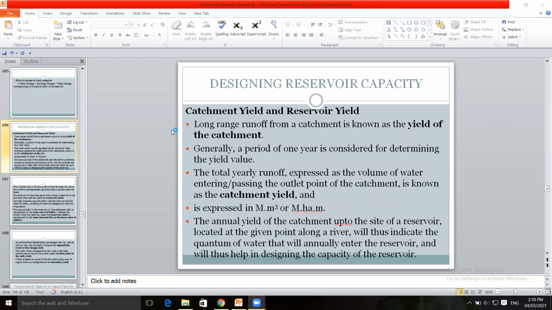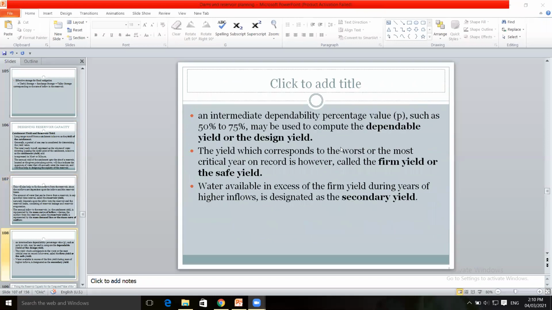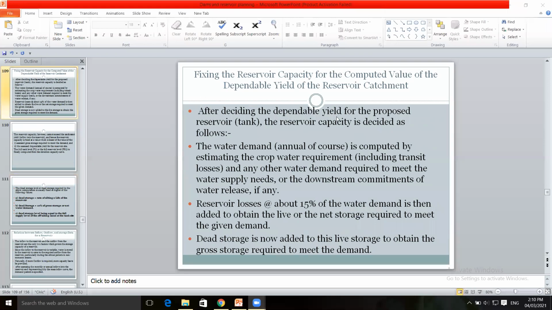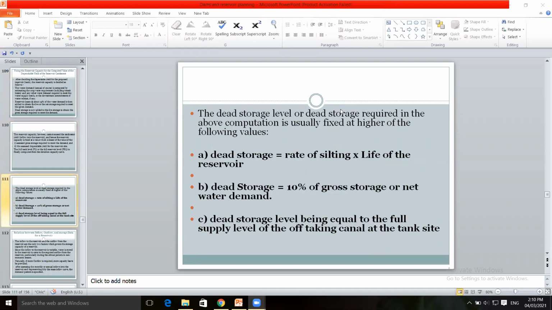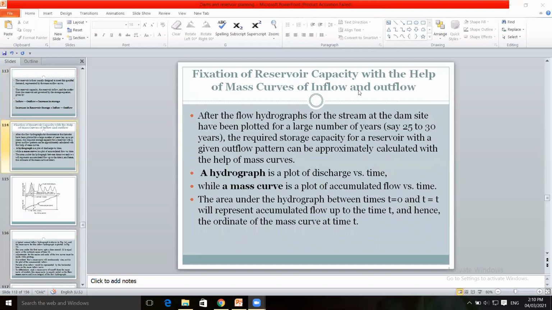Then after this, designing a reservoir capacity. How to design a reservoir capacity? Reservoir capacity is determined by knowing the catchment yield and reservoir yield, or the dependable yield of the reservoir catchment, or it is determined by using the mass inflow curve and mass outflow curve.